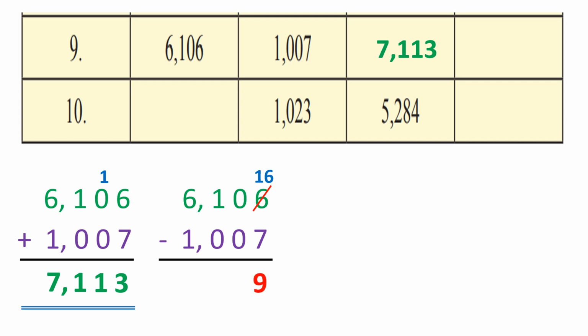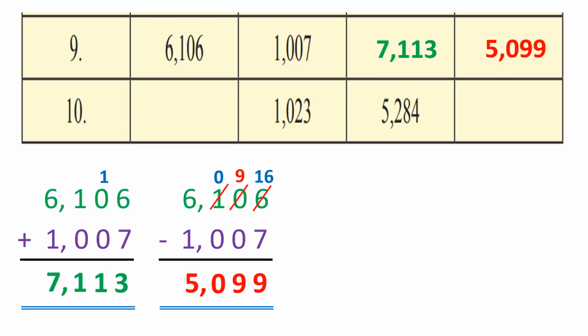Then 0 here becomes 9. 9 minus 0 is 9. Then 1 here becomes 0. 0 minus 0 is 0. 6 minus 1 is 5. Your answer for the difference is 5,099. Then you write here in the box 5,099.